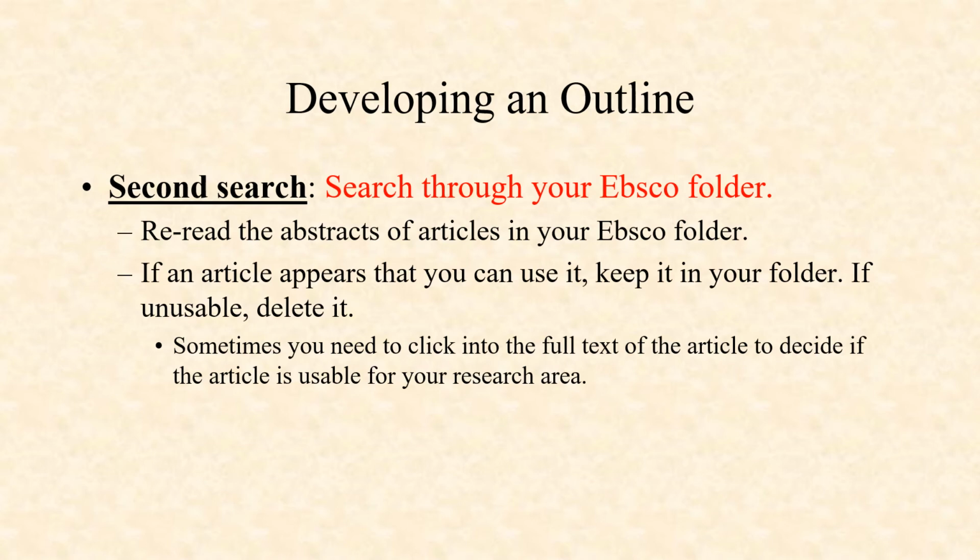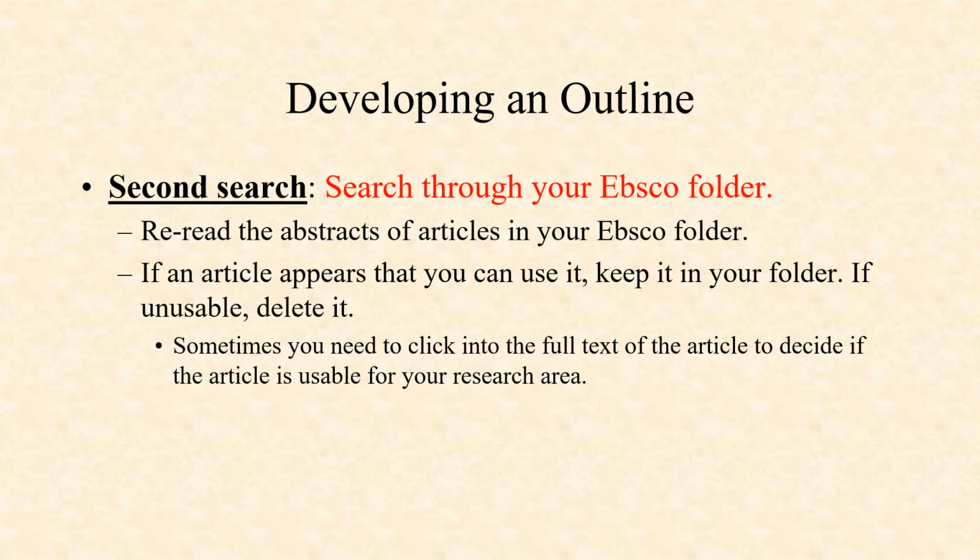After you've completed your first searching round and you feel that you've found a lot of good ideas and probably have located a lot of good articles, now let's go back through that list of articles. In other words, your second search is not in general, but you're going to search your folder.